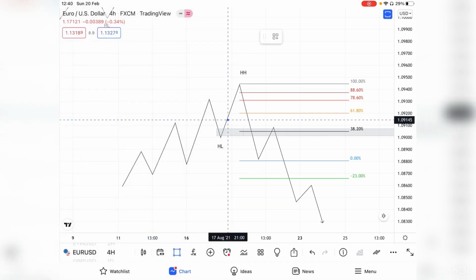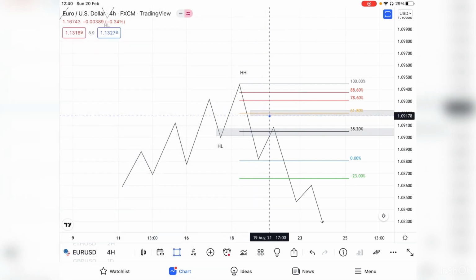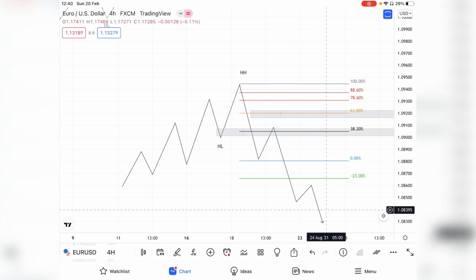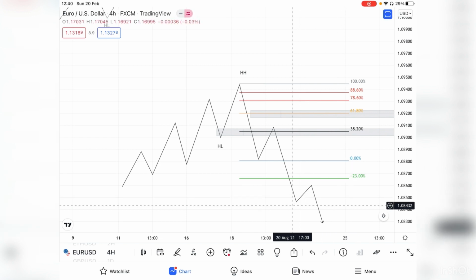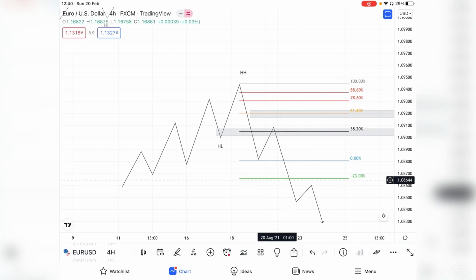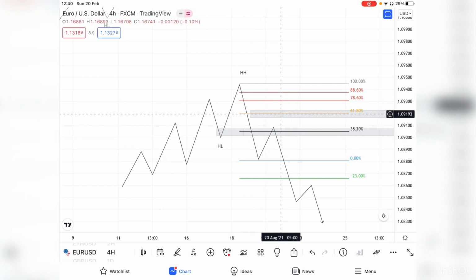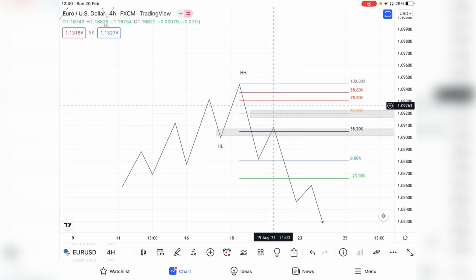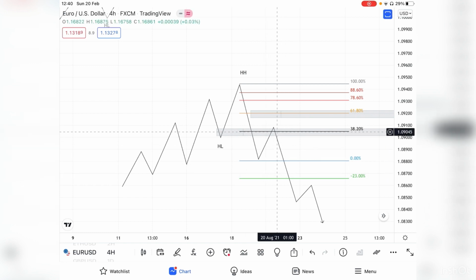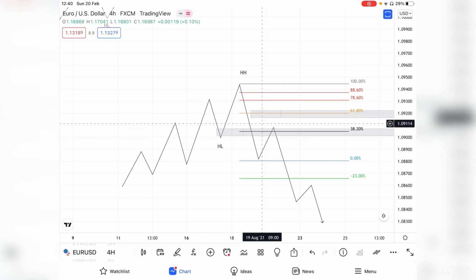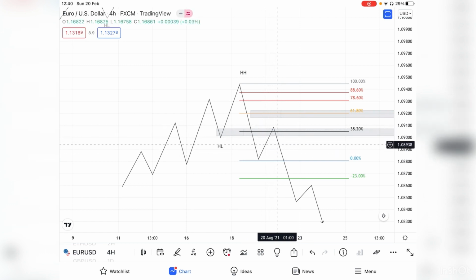Price might get up to this 61.8, so it might break this higher low, then retest it and go down. Or it could break this higher low, go up to the 61.8, grab the liquidity, and then boom, go straight to the downside and start creating a series of lower lows and lower highs, confirming that we are now in a downtrend. So it's pretty simple.